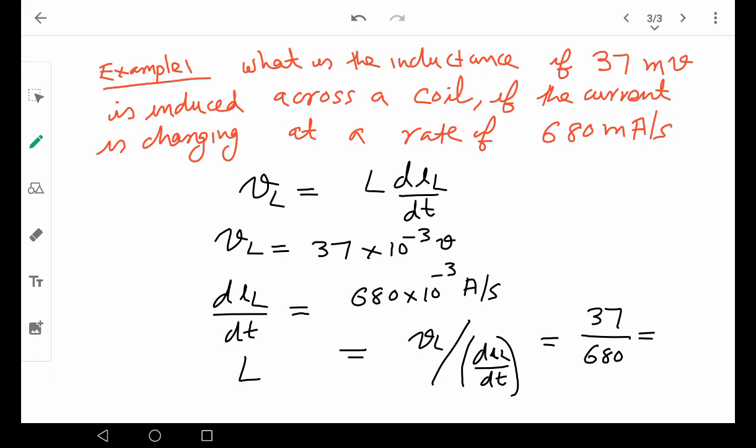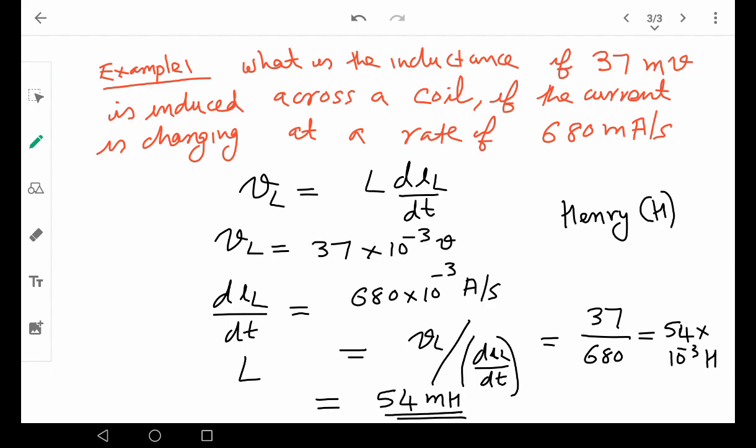So you get 0.54 Henry. Henry is the unit of inductance. So L equals 54 milli Henry. That's how you find the inductance when you are given the rate of change of current and the voltage.